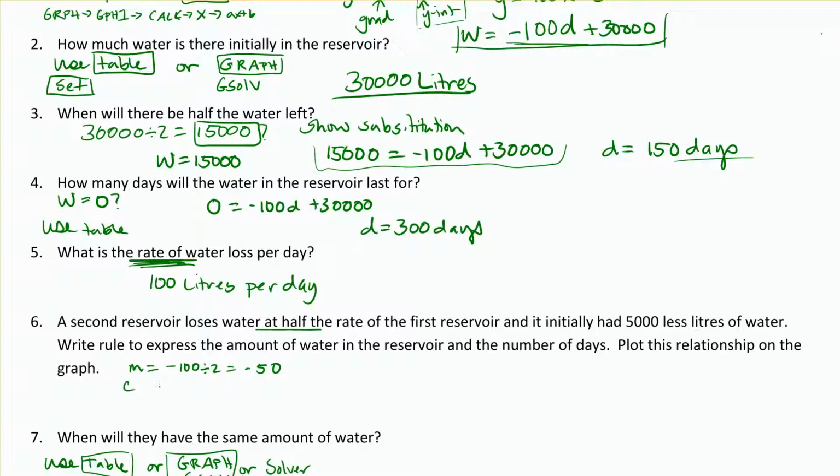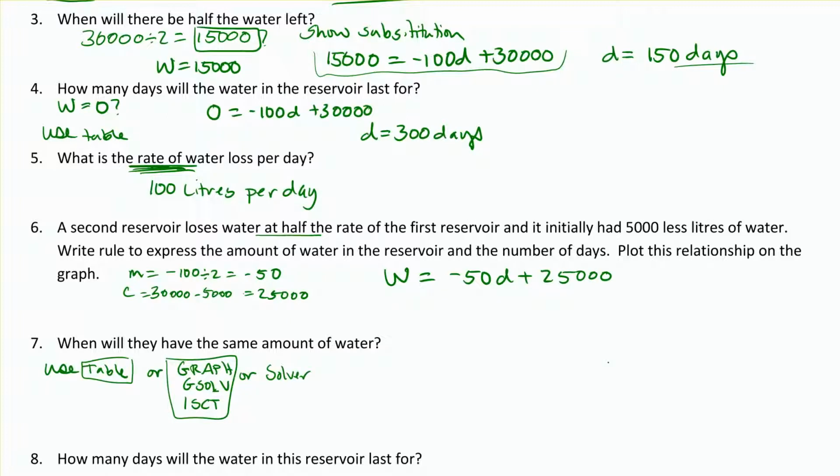And its y-intercept would be 30,000 minus the 25,000. Which, sorry, it's 5,000 less. 5,000 less, which gives us 25,000. So my equation, I would just have to change my gradient and my y-intercept. And now that I have that equation.